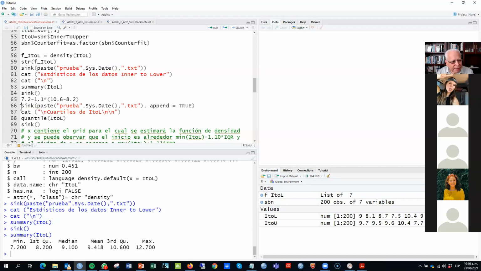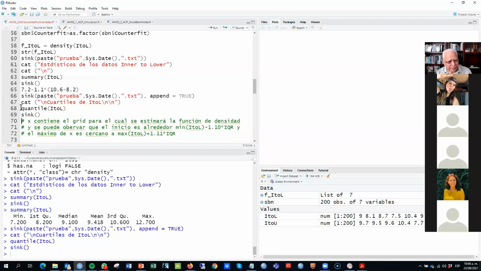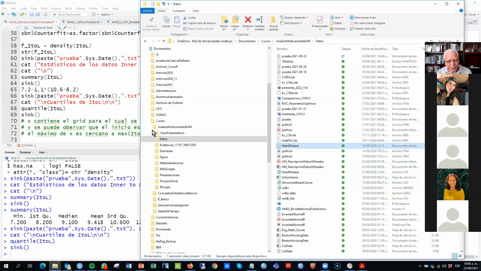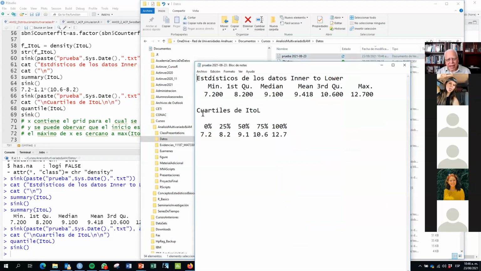Okay, so I say sink, and if I go to my directory, now I have the same file with the same name, but it added this title, quartiles, the inner to lower, and I have the quartiles here.